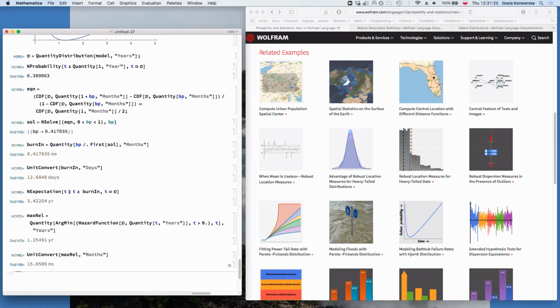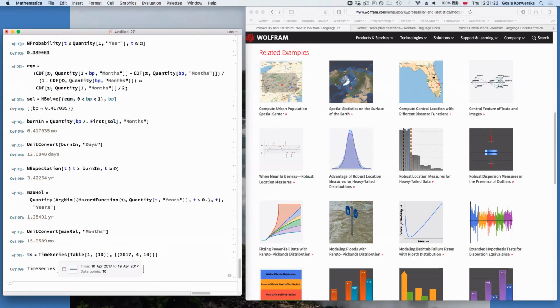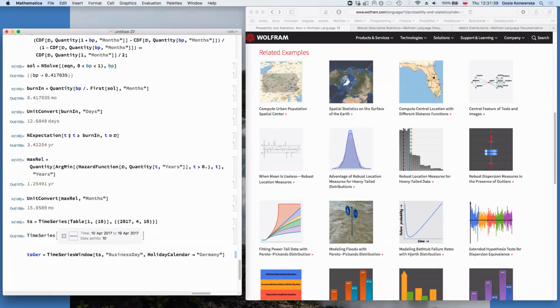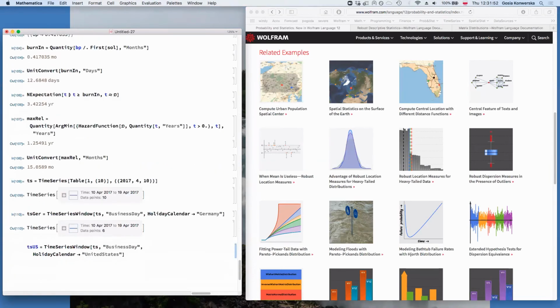So let me create a very simple time series in terms of the values, but the dates happen to be around Easter in 2017. So I can ask about subsampling this for the federal working days in Germany, and I can achieve that by specifying a holiday calendar in time series window, and then the window to be business day. What are the federal working days in United States?